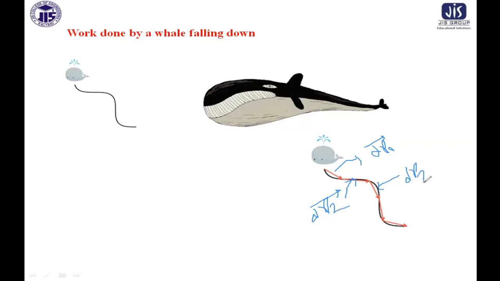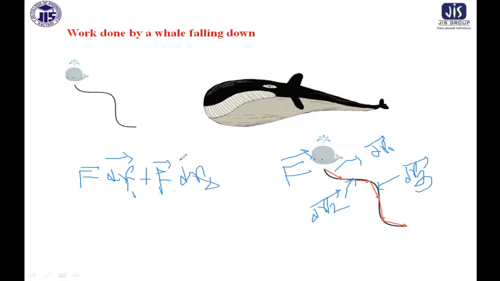So as the body is falling down, obviously the total work done, if F is the force experienced, is basically the summation of F dot dr1 plus F dot dr2 plus F dot dr3.